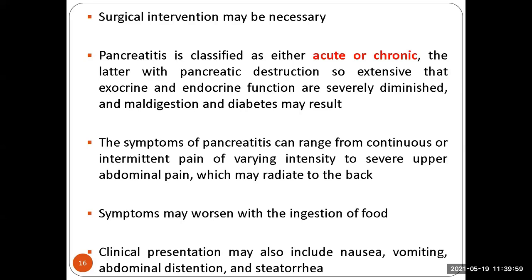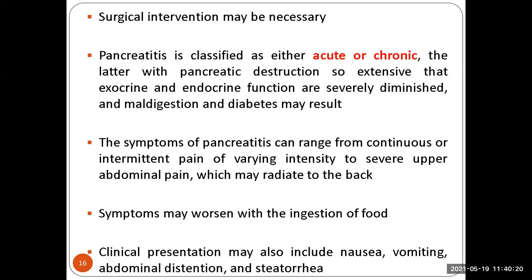So as a result of maldigestion, fat is not digested and is ultimately expelled from the body through the fecal mass, and similarly the carbohydrates are not properly metabolized and ultimately diabetes will be there.